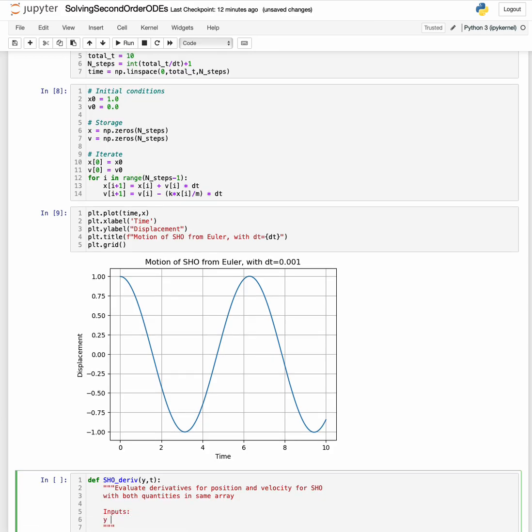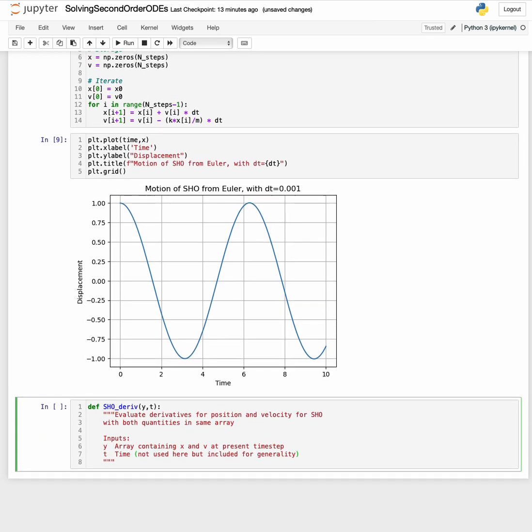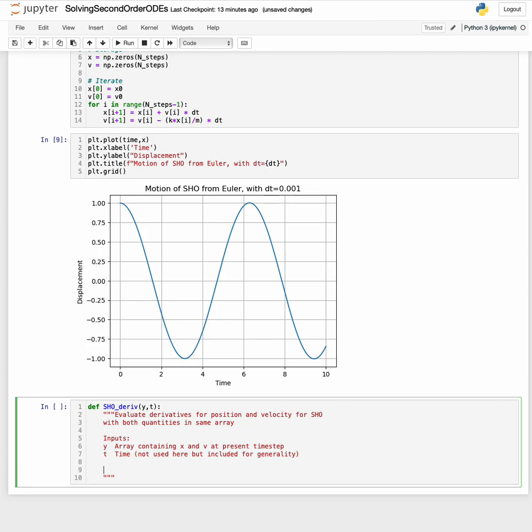So input y is going to be an array containing x and v at present time step. That's quite important. That means it's at time step i. T is going to be time, not used here, but included for generality. Because in general, we are going to want to have that kind of thing there. And then we need to talk about the output.